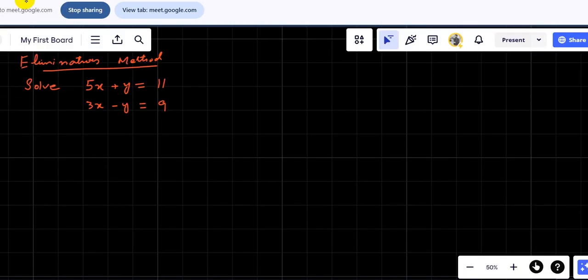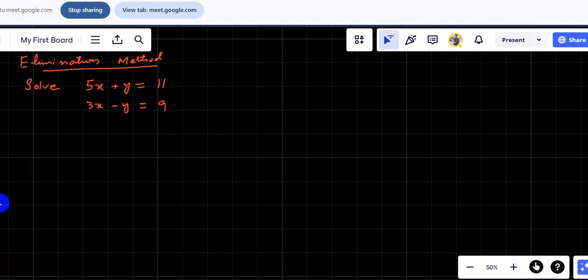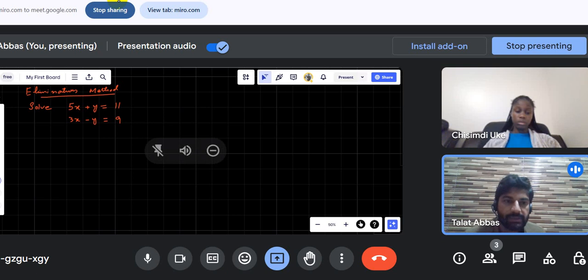Now, elimination method. By name, we can get the idea that we have to eliminate any of the variables here, either x or y. It's our own choice.